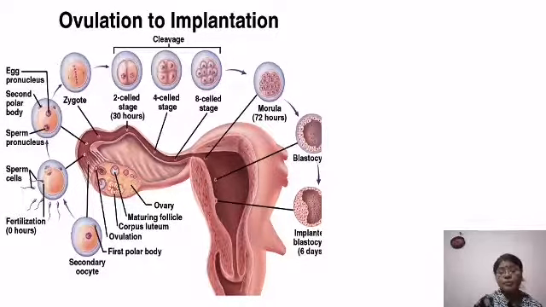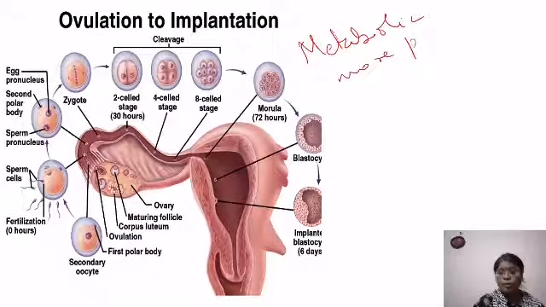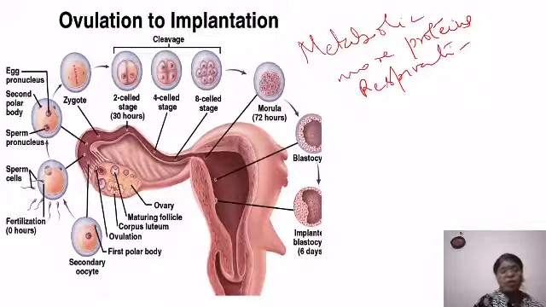The egg is becoming metabolically active. More proteins are being formed, your respiratory enzymes will become more active, so respiration will start, and all these processes will start taking place.